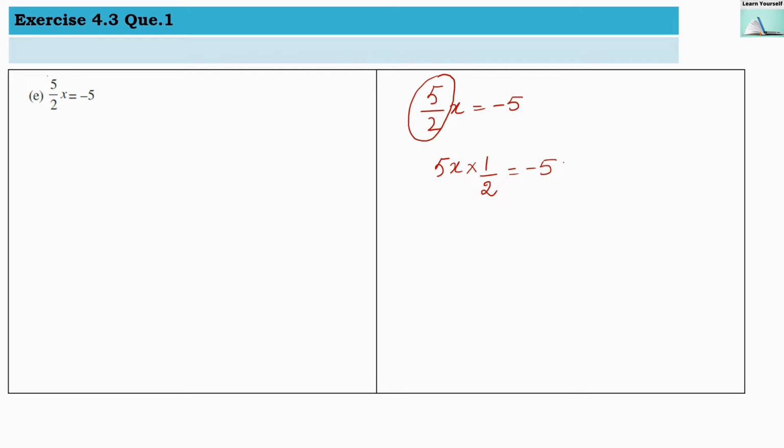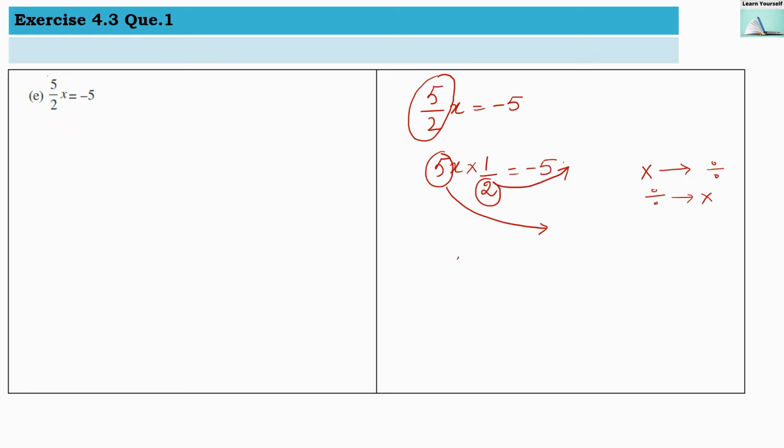Now we are following the same rule: the number which is in multiplication will go to division, and the number which is in division will go to multiplication once they change side. Here 5 is in multiplication, so it will go to division, and 2 is in division, so it will go to multiplication.